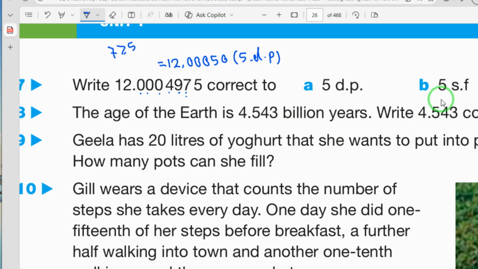Question part B said 5 significant figure. In significant figure we count from left to right the non-zero digit.